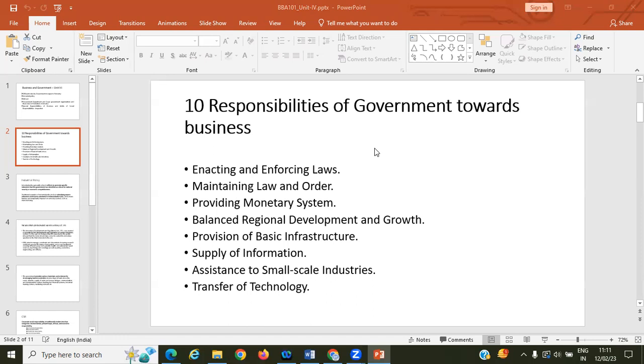Supply of information. Any information you need, suppose you are setting up a production unit in your region. You need to know what other similar production units are in your state, in your country. Those kinds of information government is supplying you.